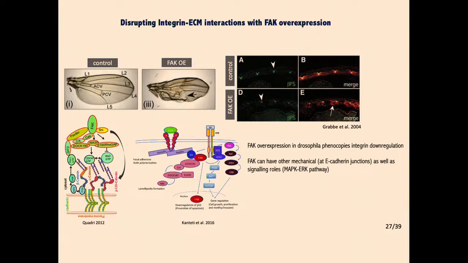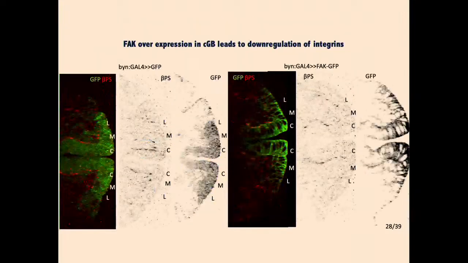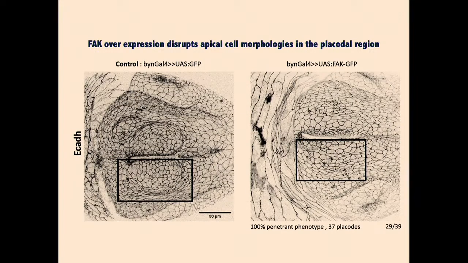So we use the same tool, which is the overexpression of a kinase that negatively regulates these interactions, to ask what happens to the organization and dynamics of this process. I'm just going to show you that if you look at this cellular organization that I've been talking to you about all this while, where you have central, middle, and lateral cells in an unperturbed embryo versus one where you've perturbed it, you see several differences.